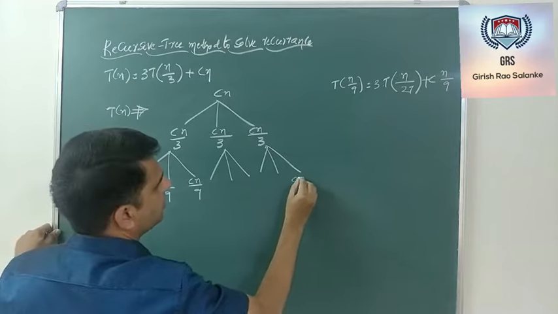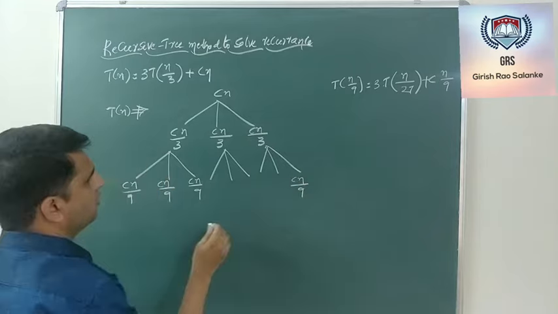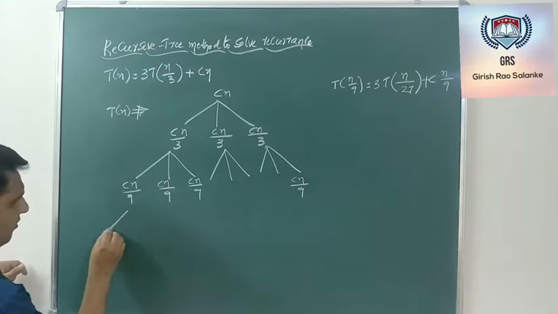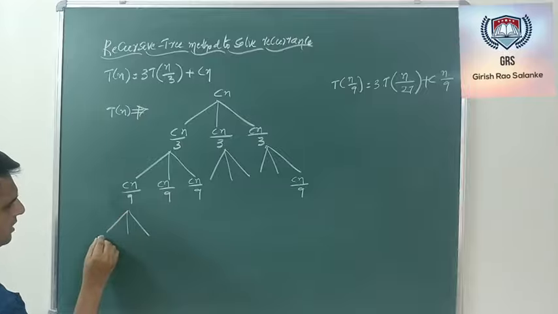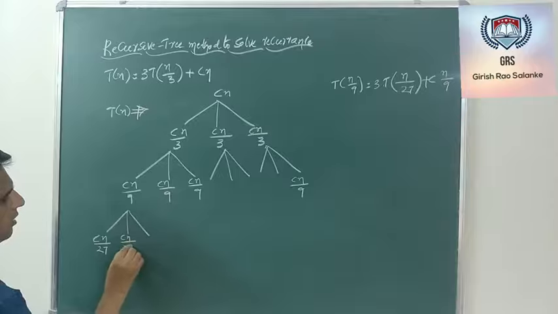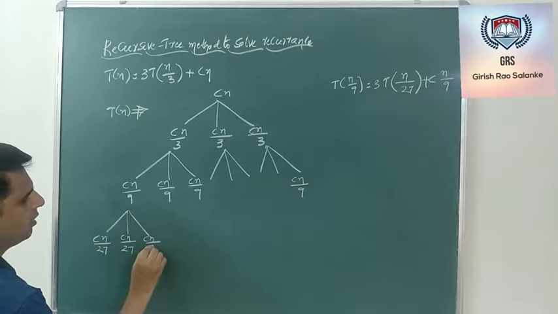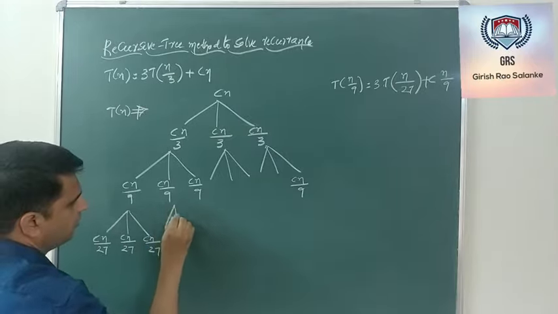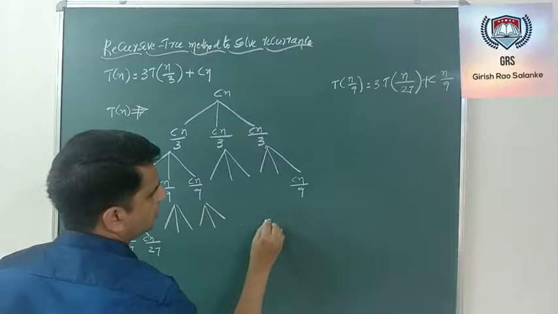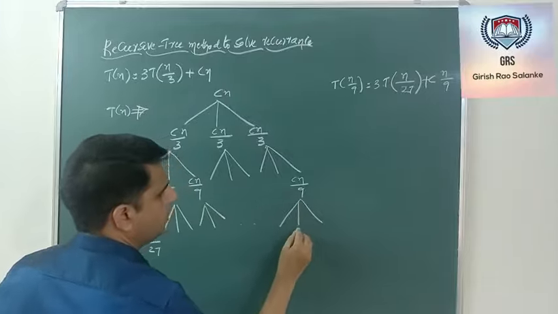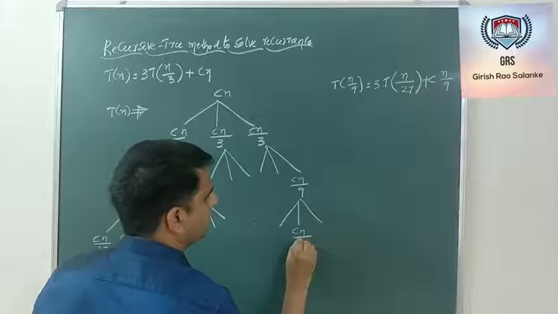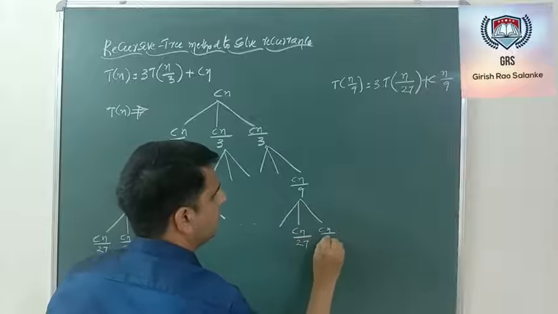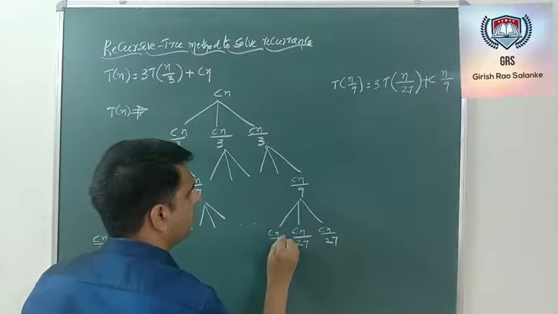Even this also was cn/9. Now if you see this, the next level goes as cn/27, cn/27, cn/27 and so on. The same thing applies to all the other nodes. Even here also it will be cn/27, cn/27, cn/27.